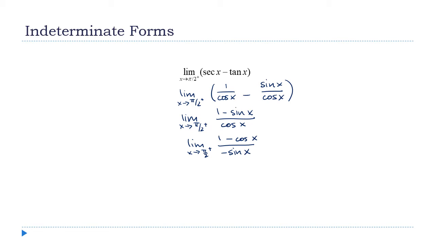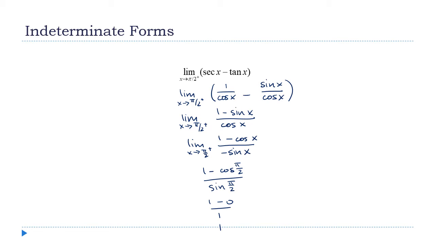Okay, so what happens now? If we try to put pi over 2 in there, this is 1 minus cosine pi over 2 over sine pi over 2. That's, let's do our trig functions, right? 1 minus 0 over 1. The answer is 1. There we go, it works.